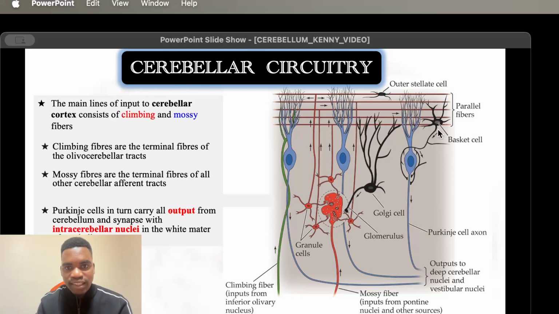It is called a basket cell because it forms a basket that covers the cell body of the Purkinje cell. The cell body of the Purkinje cell is surrounded by the basket cell, and I think that's why it is known as the basket cell.